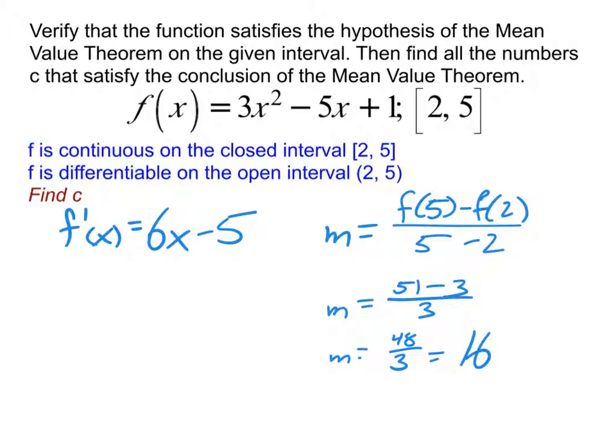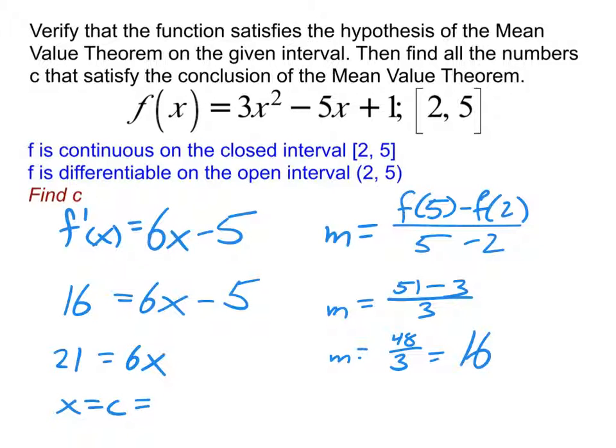So then, that's where I now go with my derivative function over here. I'm looking to see when does that derivative equal 16. And so we're just going to solve it now from here. So add the 5 to both sides, and then divide both sides by 6, and we should find that x, which is just our c value, is going to be 21 divided by 6, which would be 3.5.